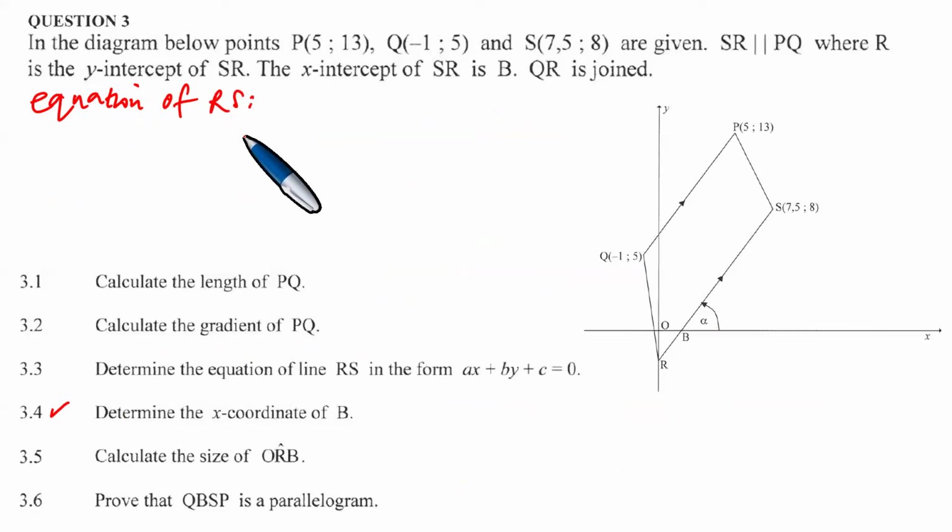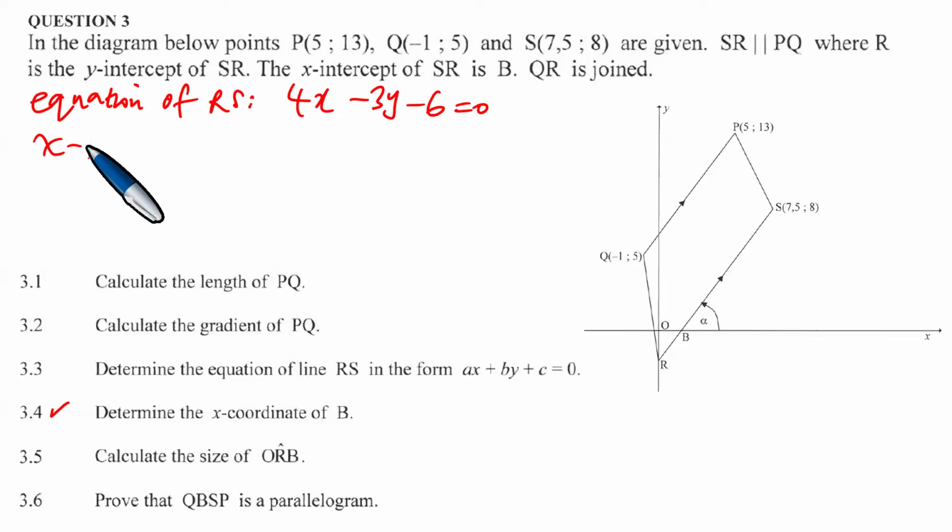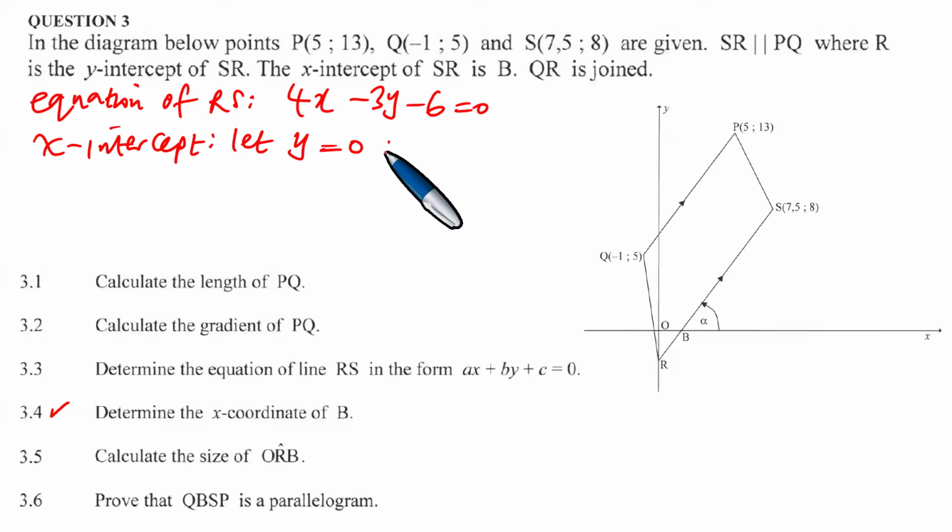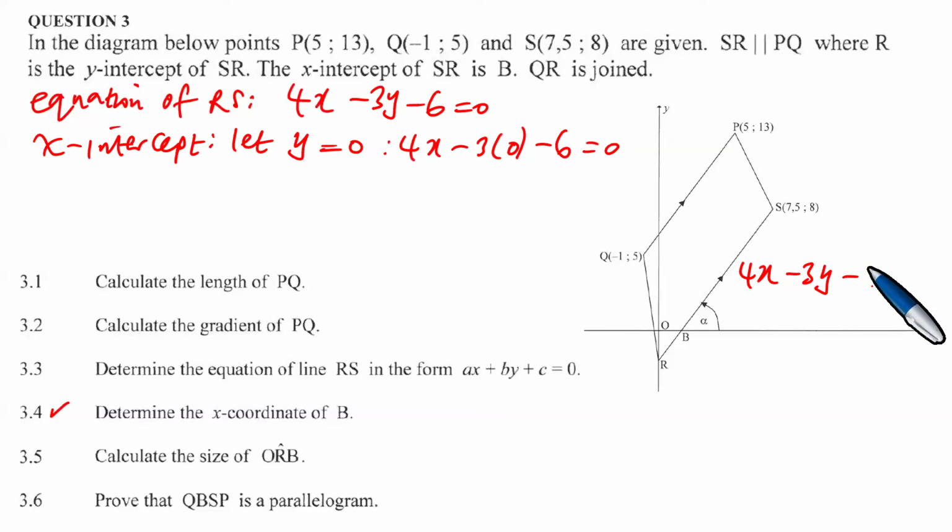What is the equation of RS? We saw that before: 4x minus 3y minus 6 equals 0. We're interested in the x-intercept, so we let y be 0. So 4x minus 3 times 0 minus 6 equals 0.